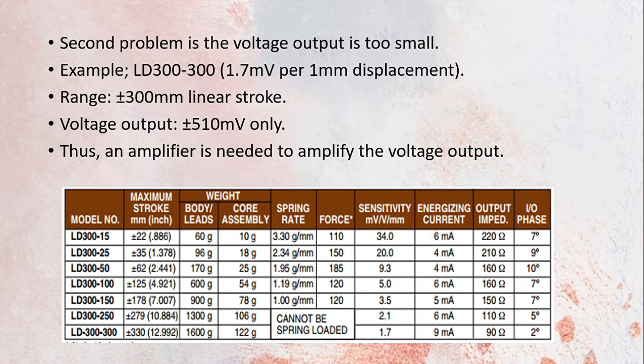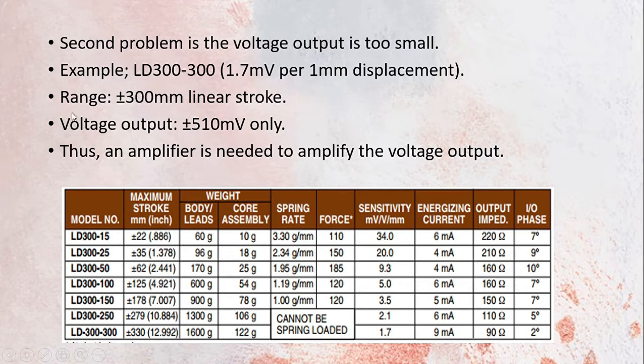The second problem is the voltage output is too small. For example, we take LD300 model 300, which has the sensitivity of 1.7 millivolt per 1 millimeter displacement. The range of this model is plus minus 300 millimeter linear stroke.